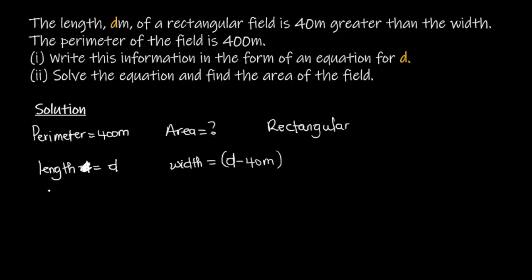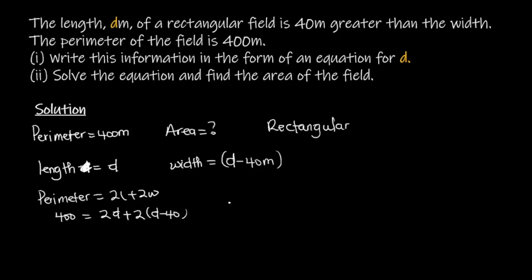Now what is the perimeter of a rectangle? The perimeter of a rectangle is 2L plus 2W, where L stands for the length and W stands for the width. So the perimeter, which we were told is 400, is equal to 2 times L, which in this case is d, plus 2 times the width, W, which is d minus 40.